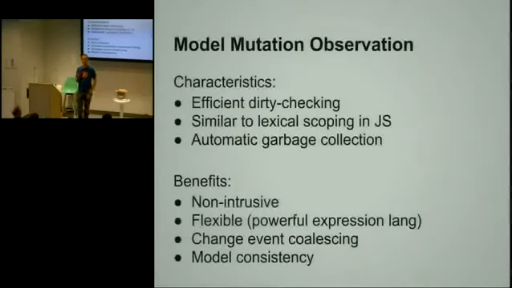And the last thing I want to mention is model consistency. If you have systems where getters and setters will fire events right away, it's very easy to observe changes to the model that are in an inconsistent state. Let's take an example of a bank account. Let's say that you want to make a transfer from one account to another. The whole action, the event of transfer, is really two operations.